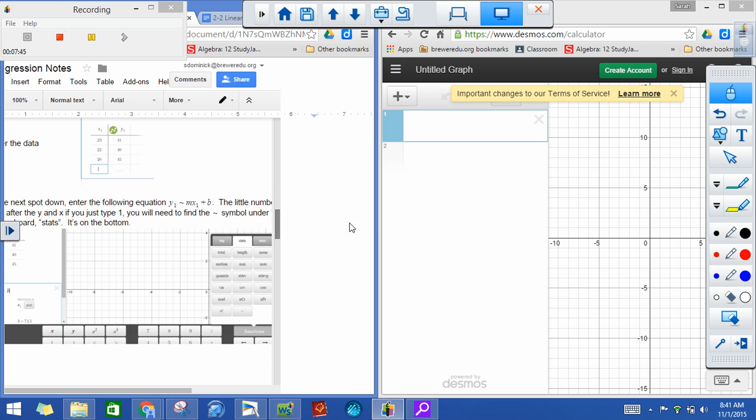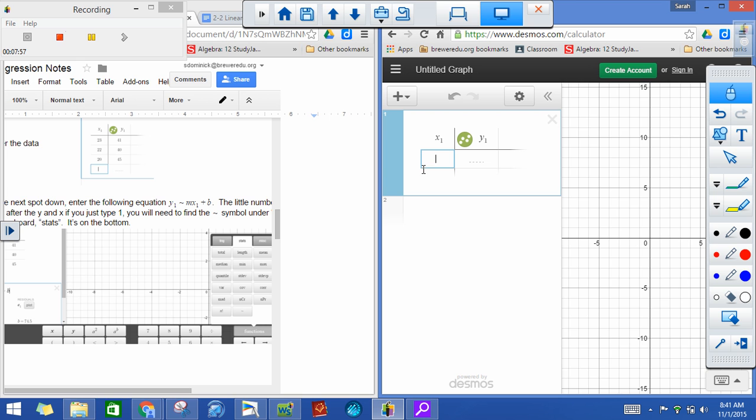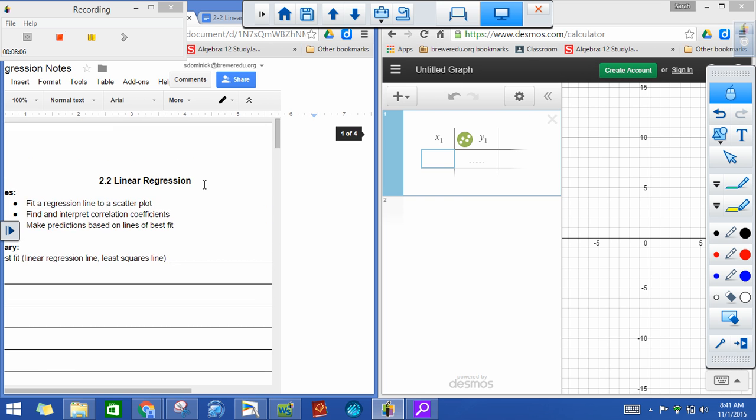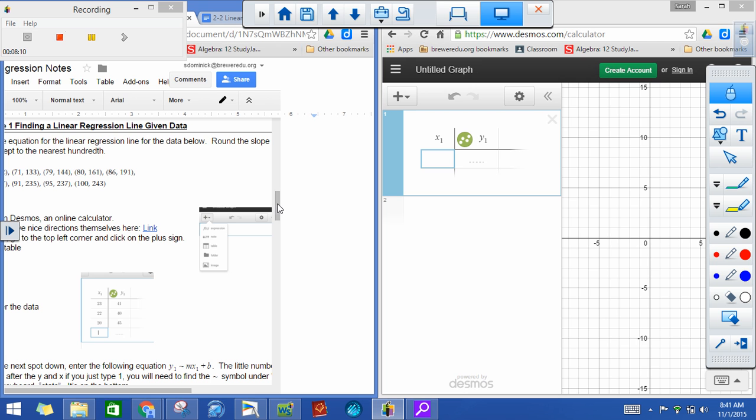Alright, so when you're working with Desmos, you're going to go here, and you're going to go to the little plus. You want to add a table. If you see in the notes that I've given you some data up above. Alright, so there's your data.